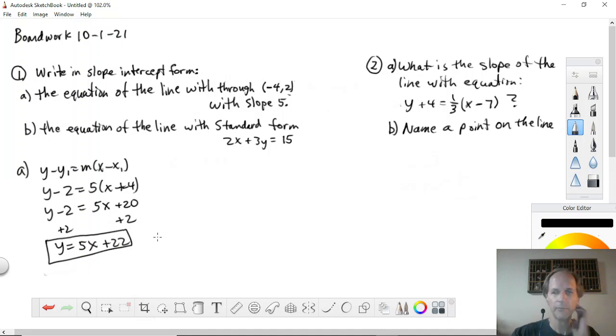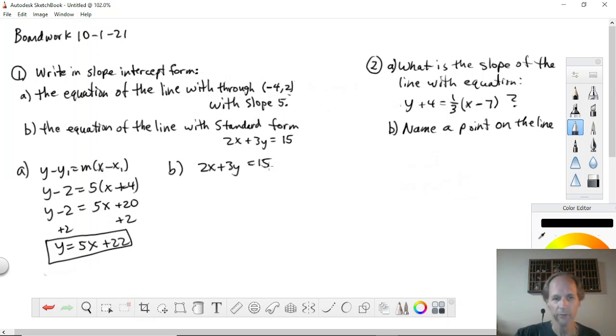Okay, slope-intercept form. So let's look at the next one, B. Write in slope-intercept form the equation of the line with the standard form of 2x plus 3y equals 15. So we're converting that to slope-intercept form.